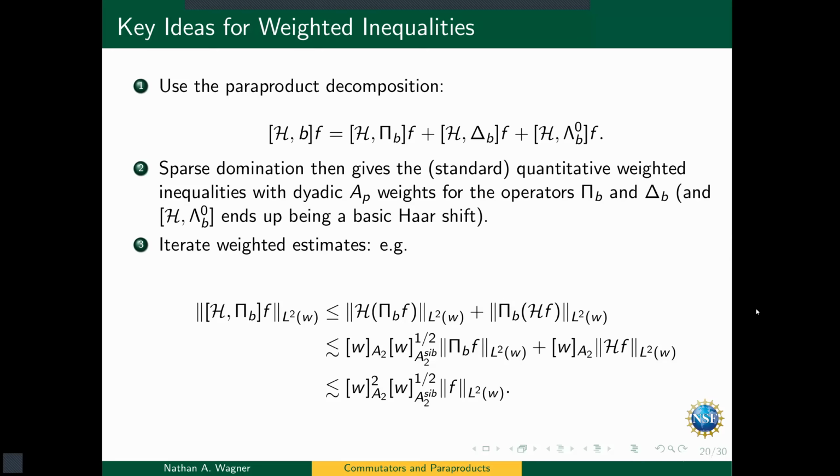And I'll explain more on this later. But the idea is that you do some sort of iteration with this paraproduct decomposition of the commutator to get the better weighted estimates. And the quantitative sharpness of all of these constants is still very much open.